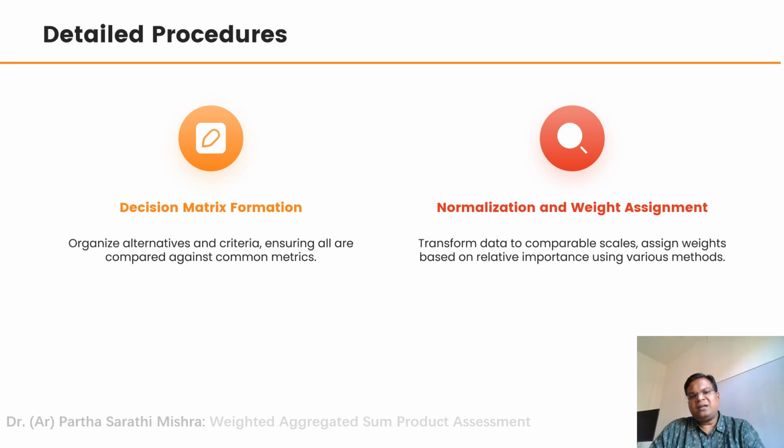Then normalization and weight assignment. Generally, this transforms data to comparable scales and assigns weights based on relative importance using various methods. Now these various methods, I can give you examples like the analytical hierarchy process, the AHP process, fuzzy AHP process. We have different other methods: without experts, with experts.